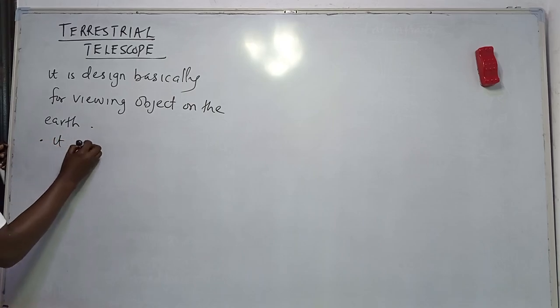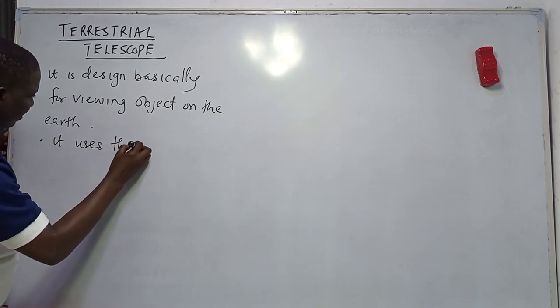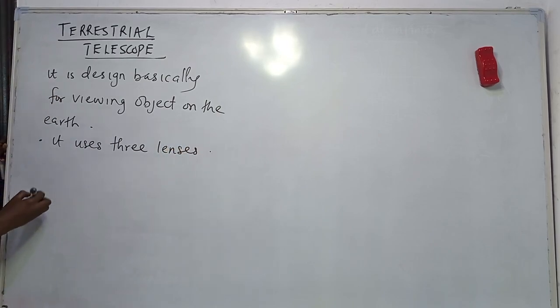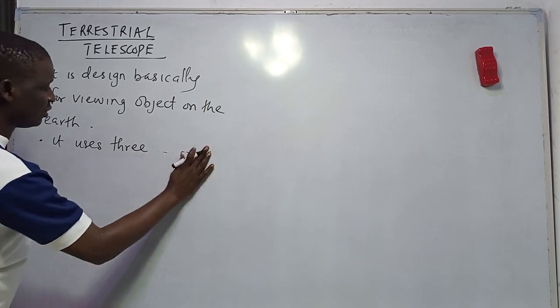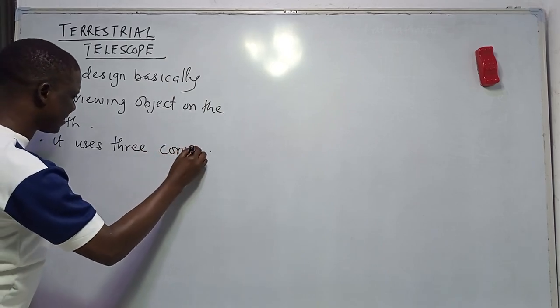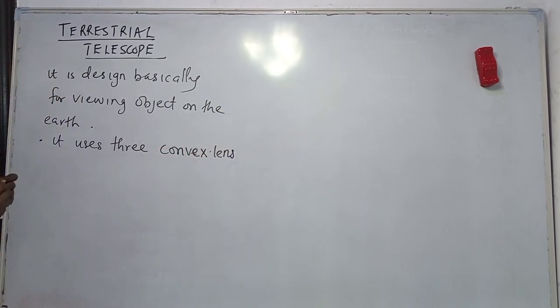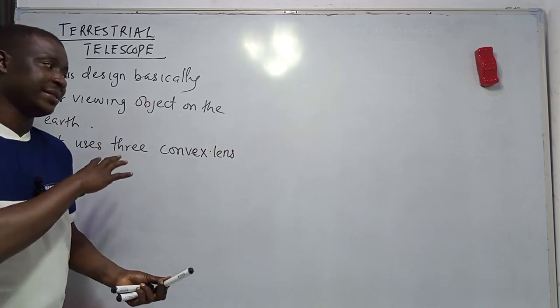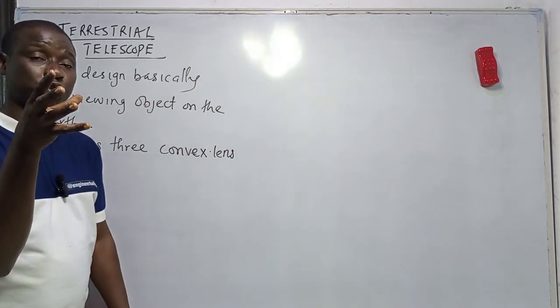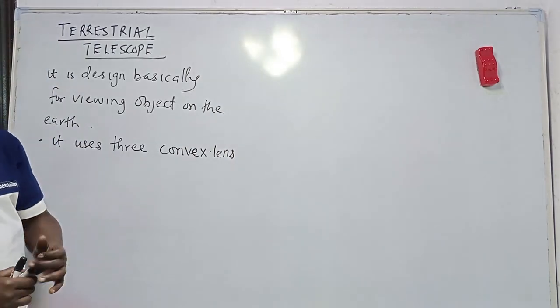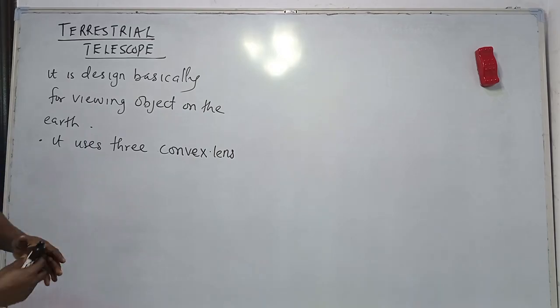It uses three convex lenses. So that means an additional one. The difference between this one and the astronomical telescope is that it uses three convex lenses, while the astronomical telescope uses two convex lenses.